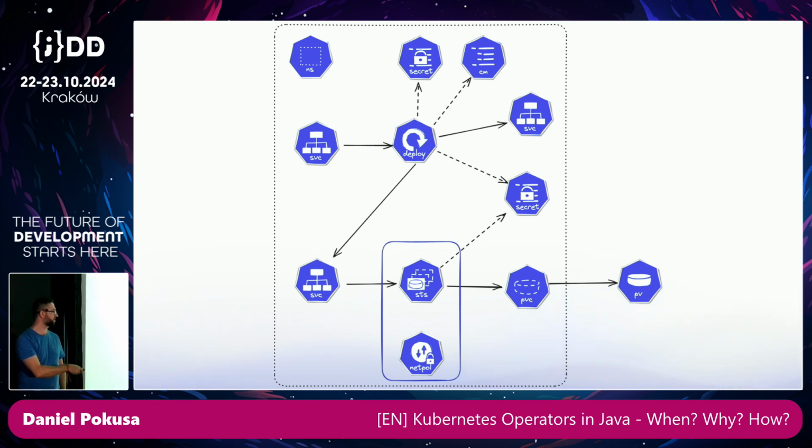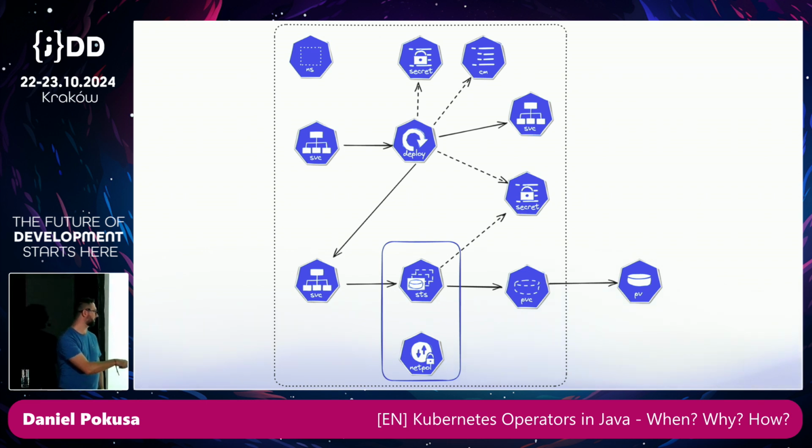And we'll have an additional replica set with a network policy. This will be our database. The database will have a persistent volume claim. The persistent volume claim will have a persistent volume. There will be a shared secret between these two with the database password and user. And there will be a service. That's how we connect. It looks pretty complicated, okay? Maybe not extremely complicated, but it's something, you know?